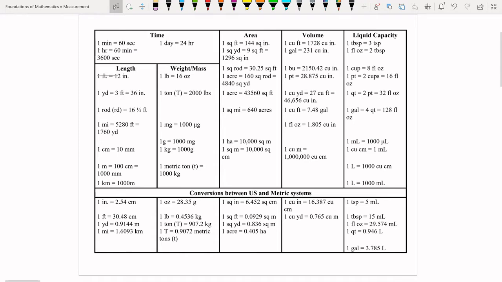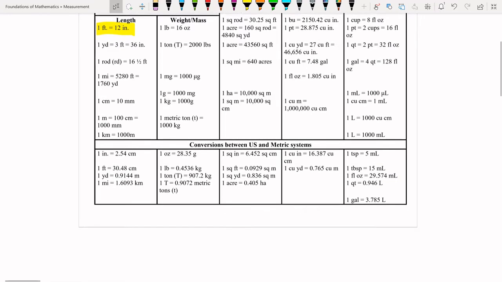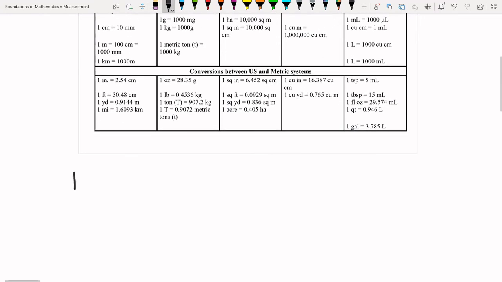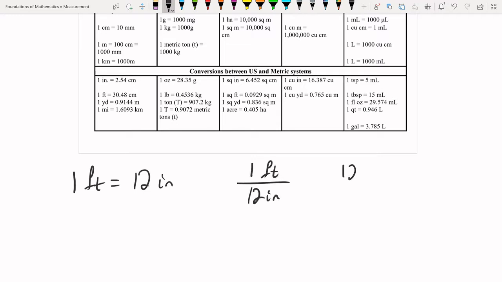Let's look at the first one here, if I can highlight it. This one here: 1 foot equals 12 inches. So the unity conversion that we can do with this, if 1 foot equals 12 inches, is that I can write it as 1 foot over 12 inches or 12 inches over 1 foot.